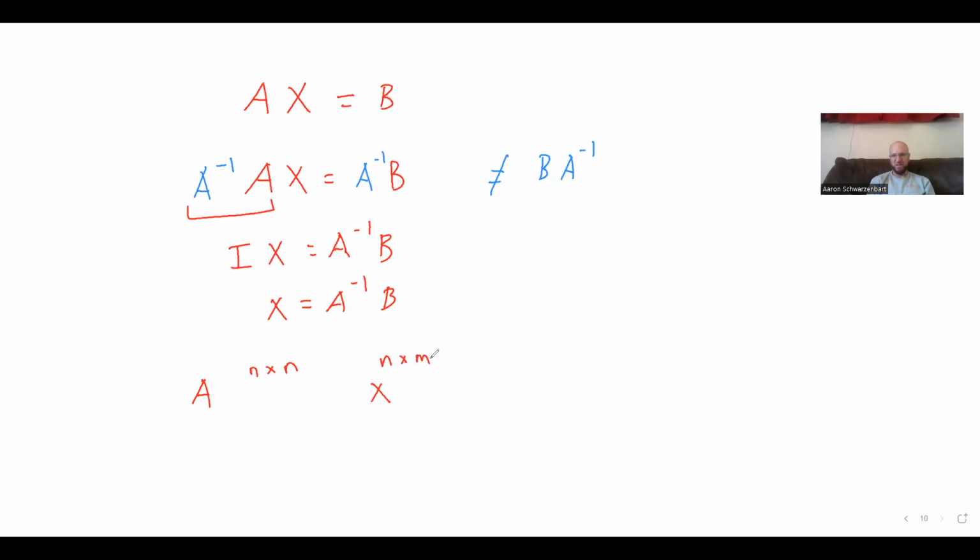It could be n by n, but it could be anything. M could be equal to n. These inside dimensions must match, and B must then have dimensions n by m. A inverse must also be n by n, because it's the inverse of A.